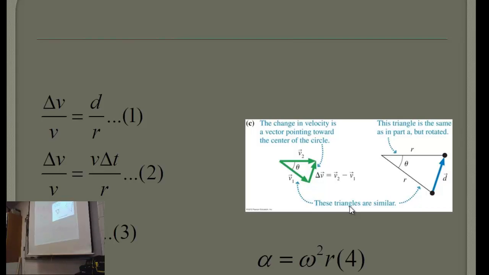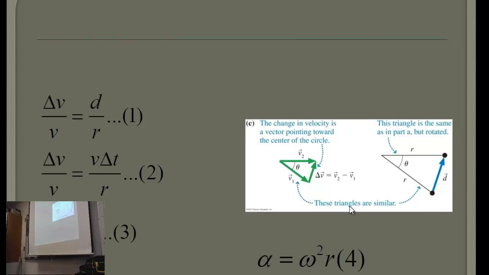The ratio between my change in velocity and one of my velocity vectors is the same as my displacement to the radius of the circle I'm traveling in. Does that make sense? I can set those equal to each other because they are similar triangles, so their ratios must be equal. I've got the same angle between them, all that kind of fun stuff.